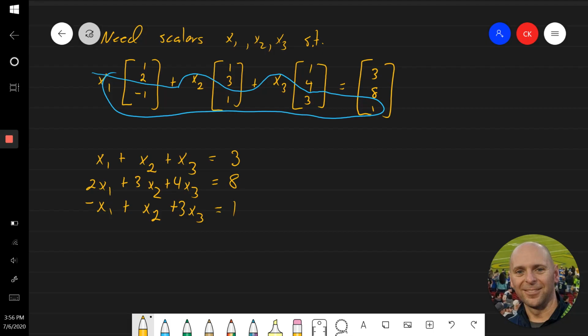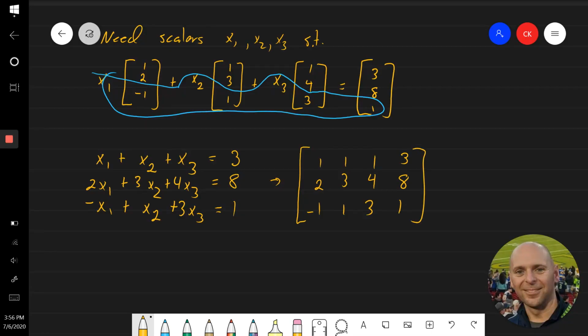Now I just have a system of equations, and at this point we can process it any way we want. Ideally, we would put it into an augmented matrix and solve from there: 1, 1, 1, 3; 2, 3, 4, 8; negative 1, 1, 3, 1.